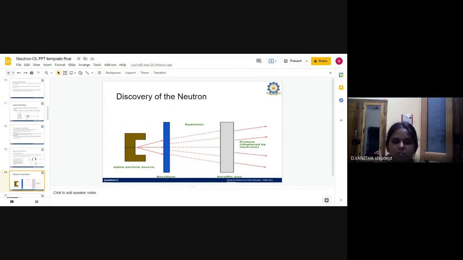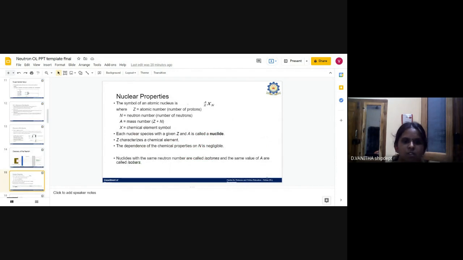After passing through the lead foil, the radiation passes through paraffin wax, where protons are displaced by neutrons. So the neutron was discovered by Chadwick by using the previous experiment.